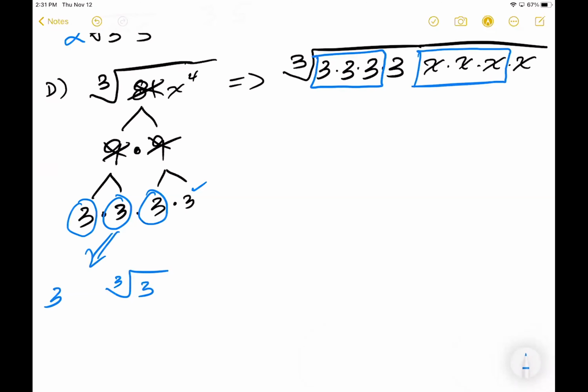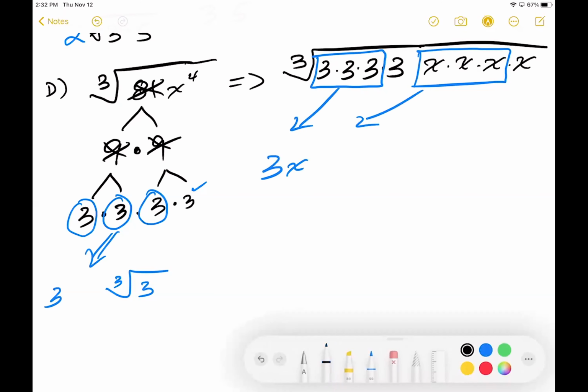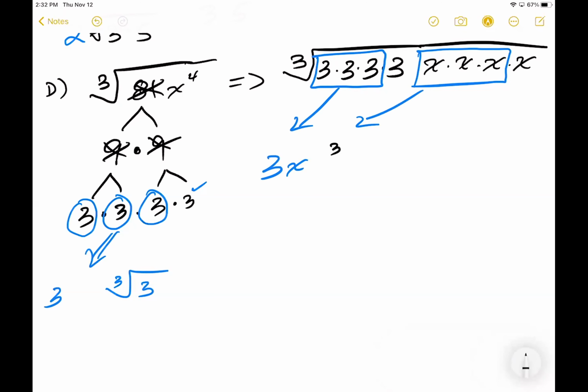in order for you to extract anything out, in order for you to simplify a cube root, you need to have a group of 3. And if it's a group of 3, this 3 can go to the outside, this x can go to the outside. And what is the leftover? Well, the leftover is still in the cube root. We still have one 3 here, and we still have one x here.